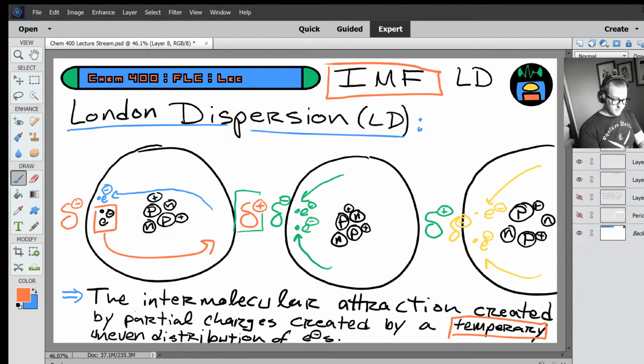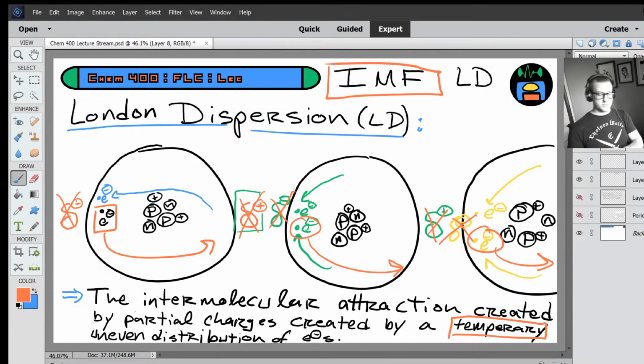It's going to fly away, destroying this partial positive and partial negative, which is going to make this electron fly away, destroying its partial positive and partial negative, which will make this electron fly away, destroying that partial negative and partial positive, etc. So the second London dispersion forces are created, they're destroyed because the electrons are constantly moving, all right? They're constantly in motion. So it's a very, very weak force because it doesn't last very long. It's a temporary partial charge.